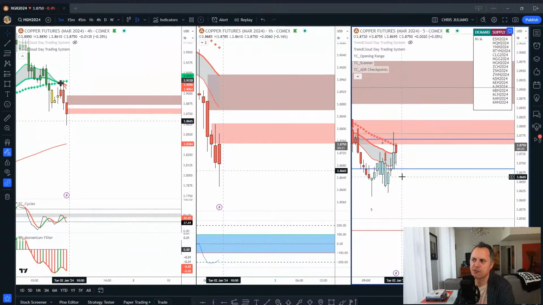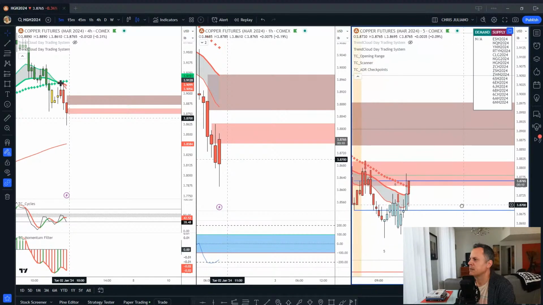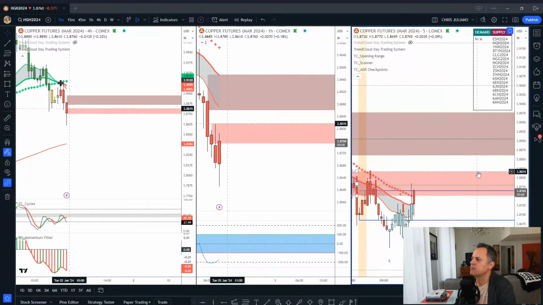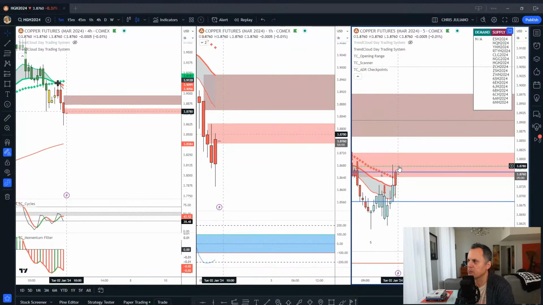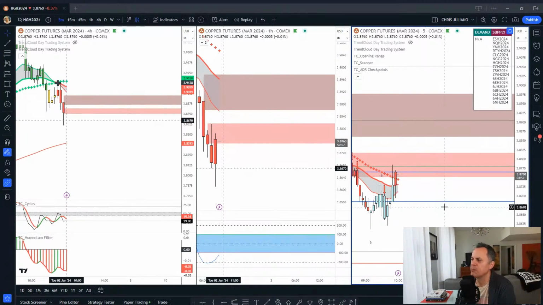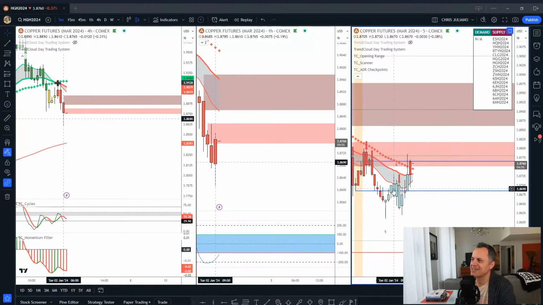You've got to get risk-free, and you've got to take your money while it's on the table. All right. So if this pulls back into here again, then we've got to see this thing close somewhere above the 50, because it's extended.